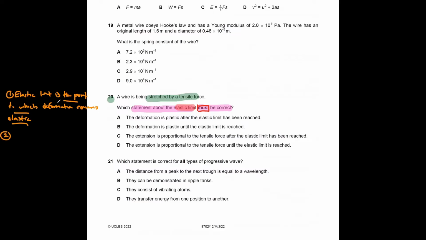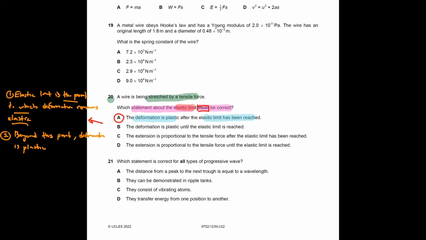Beyond this point, deformation is plastic. So you look at the first answer choice where they mention the deformation is plastic after the elastic limit has been reached. This one seems to be the answer if you refer to what I just wrote here.